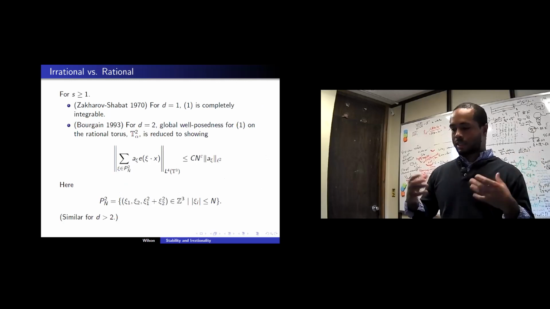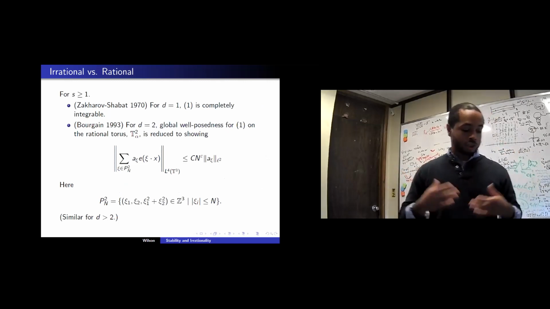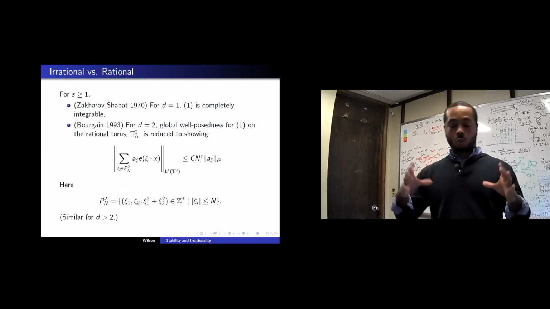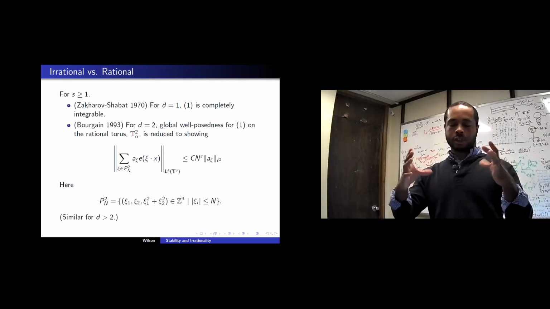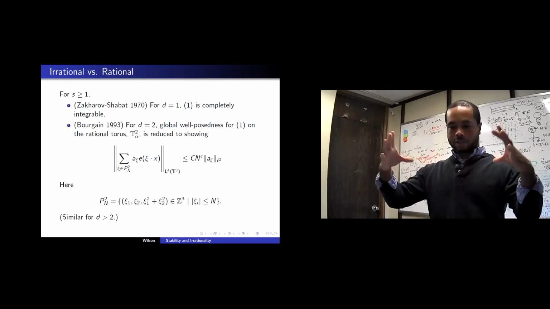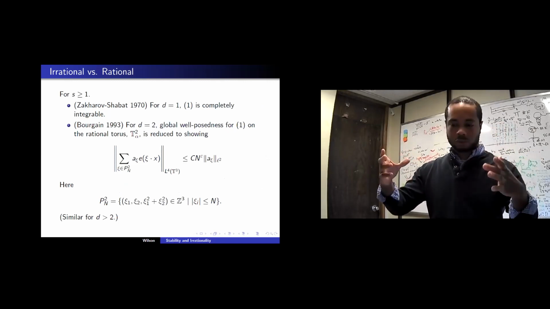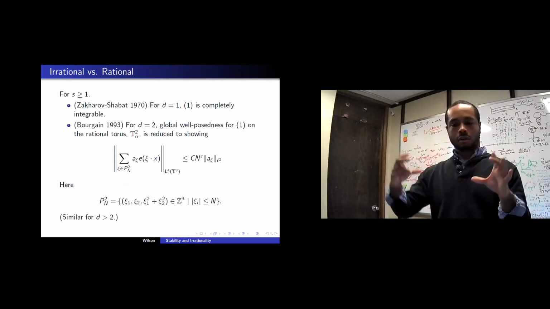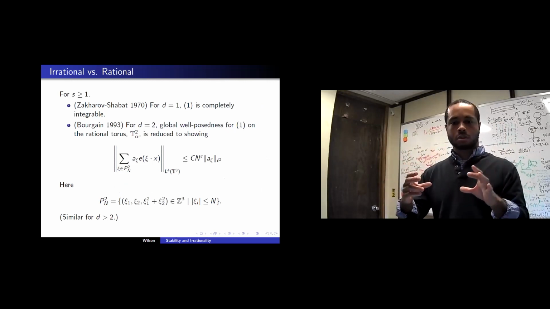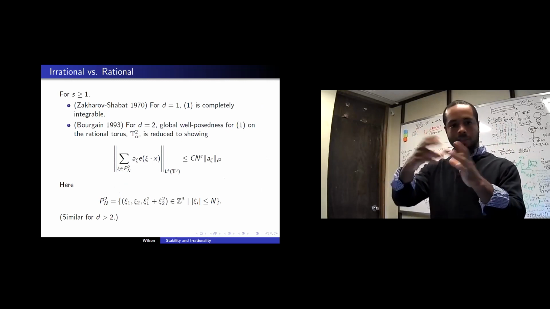The reason is that the argument for well-posedness goes this way. You can show that for any square torus, meaning your aspect ratio is essentially 1, you can demonstrate well-posedness. Then for a rational torus, you essentially tile your square torus with any rational aspect ratio torus, or box, let's say.